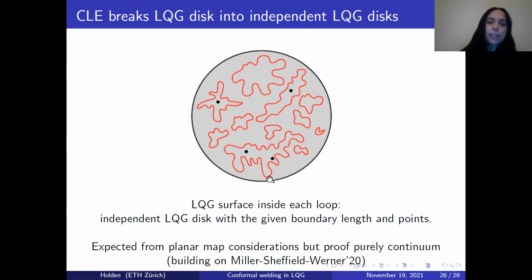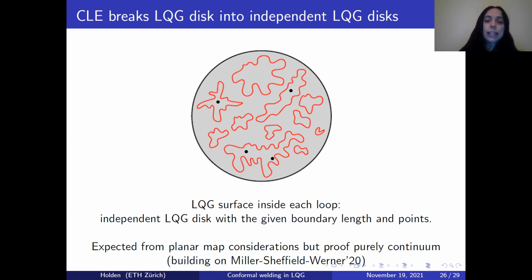For example, the big LQG surface is what we call the LQG disk with 4 marked points, whereas the LQG surface inside this loop will be an LQG disk with 2 marked points.